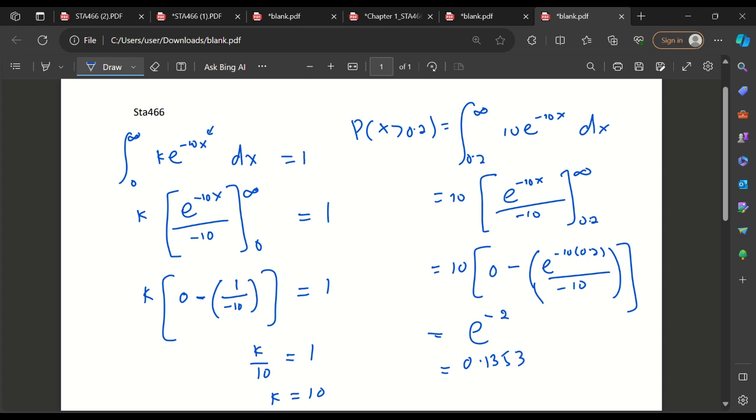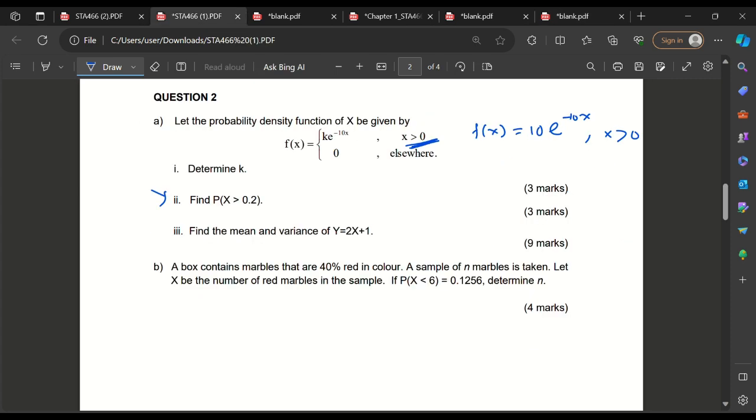Okay, so you akan dapat that answer. So, yang ketiga ni belum lagi lah. KIV. Tak masuk lagi.